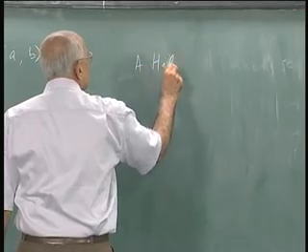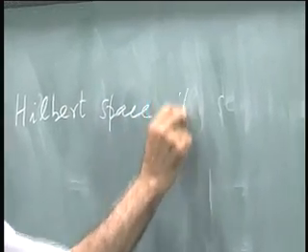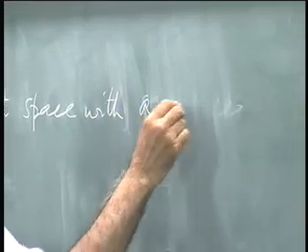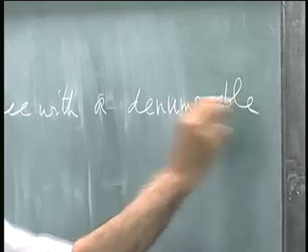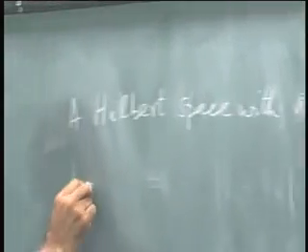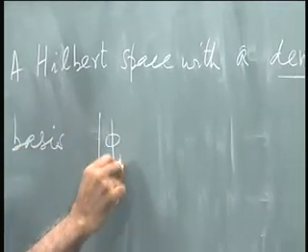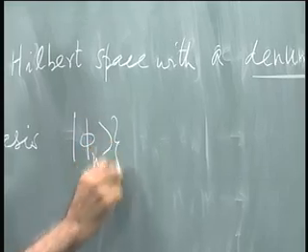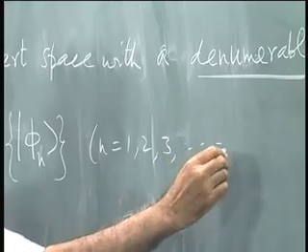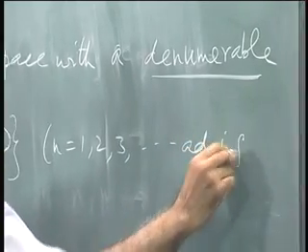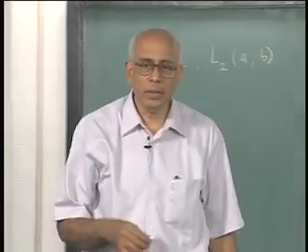A Hilbert space, we are going to work only with Hilbert spaces with a denumerable basis, let us call them phi n, n equal to 1, 2, 3 ad infinitum, in general. If it is finite dimensional it ends up at some point.